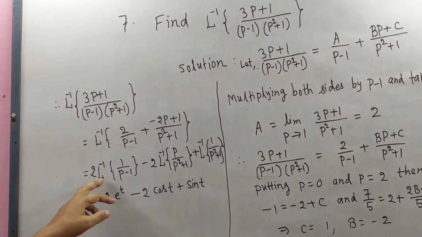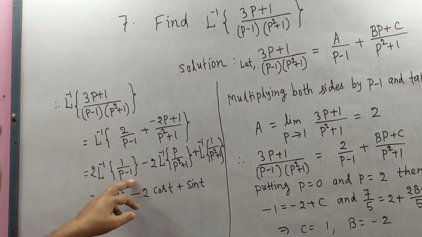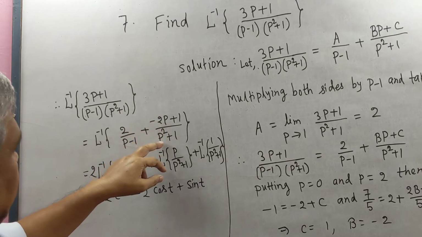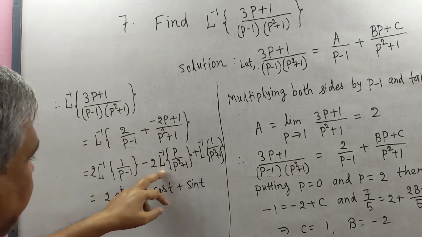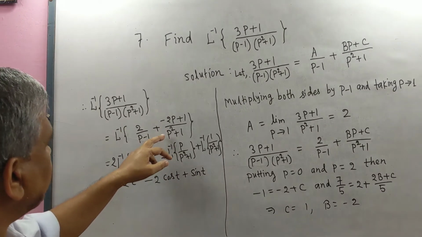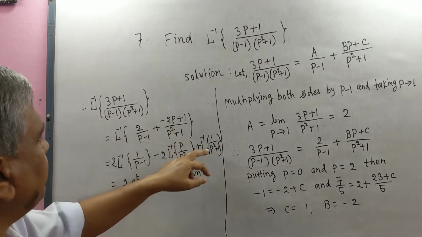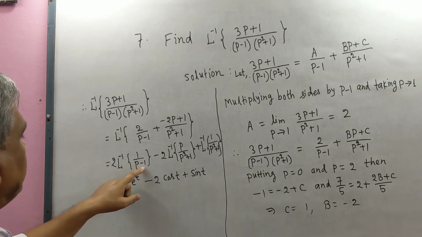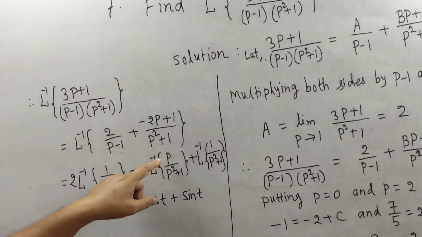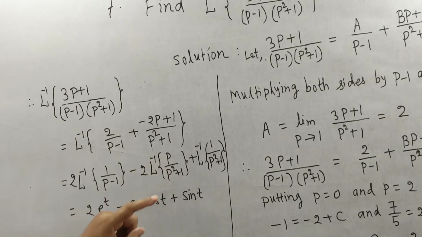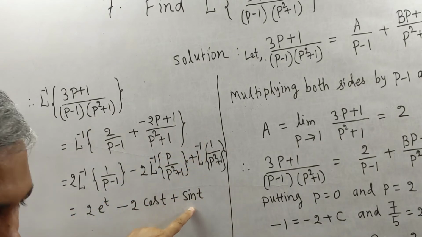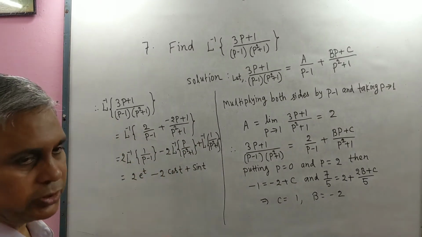So equal to 2 L inverse 1 by p minus 1, minus 2 L inverse p by p square plus 1, plus L inverse 1 by p square plus 1. The value of the first is e to the power t. The value of L inverse p by p square plus 1 is cos t. The value of L inverse 1 by p square plus 1 is sin t. This is the required solution.